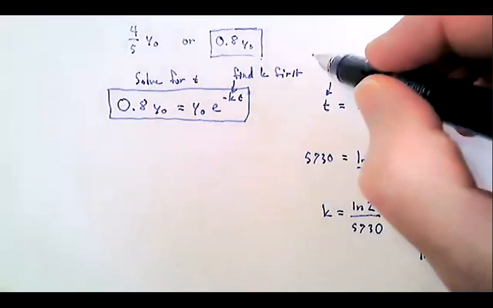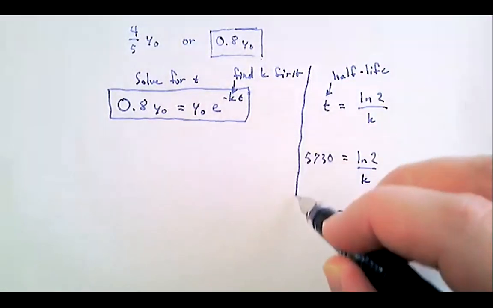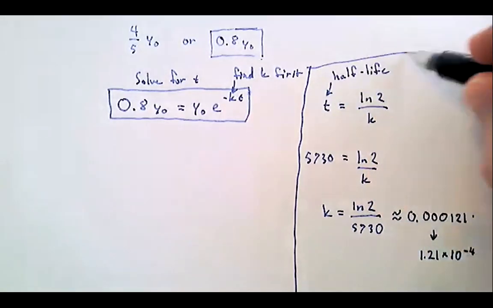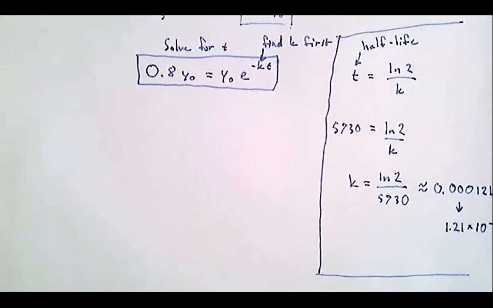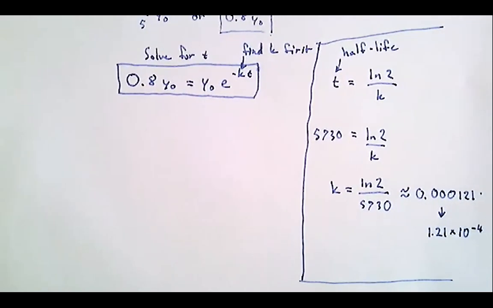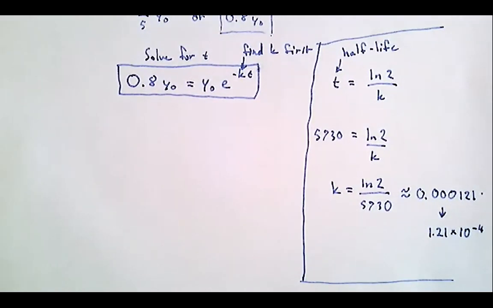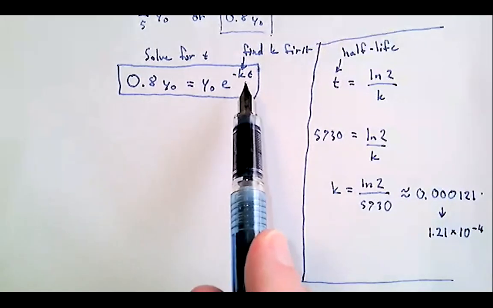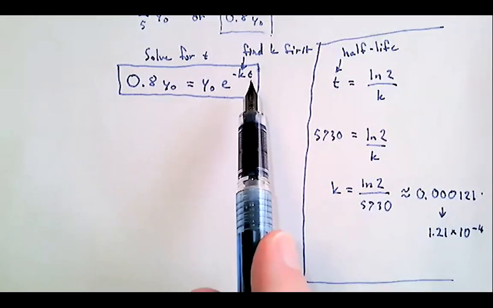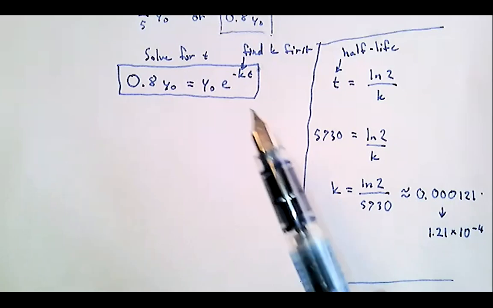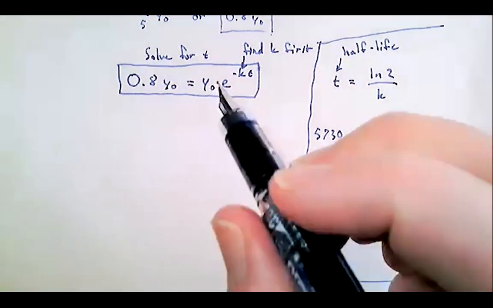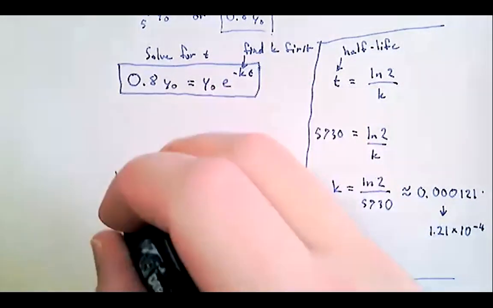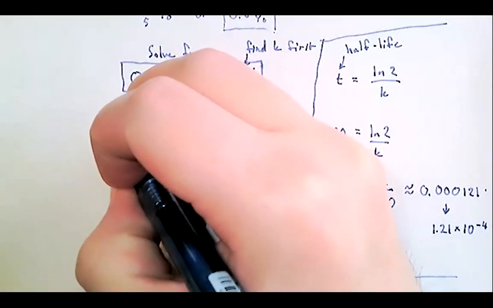Okay, so this was a separate calculation that we needed. Box that in maybe off to the side to keep things organized. And we'll plug it in here so that we can solve for the amount of time t that's gone by for 20% to decay. Okay.